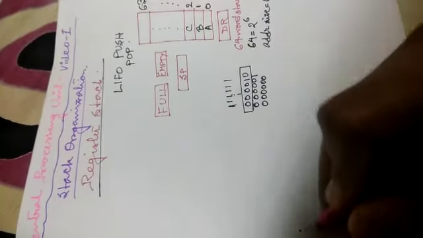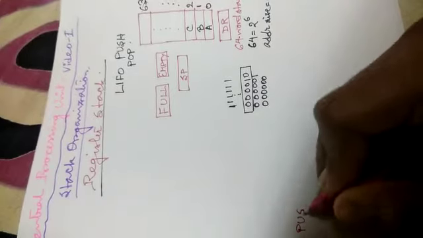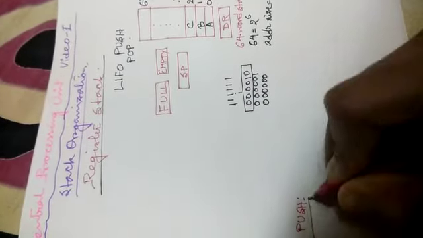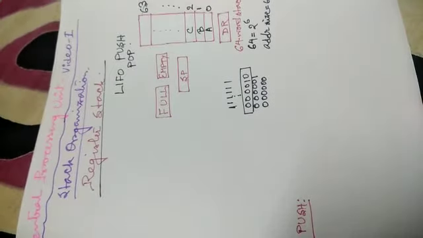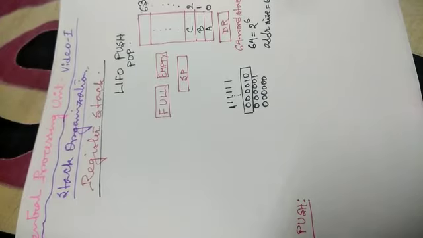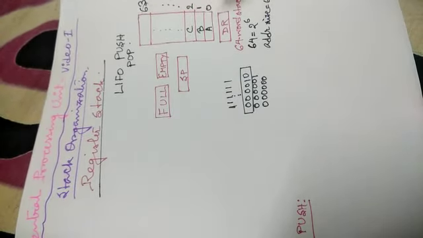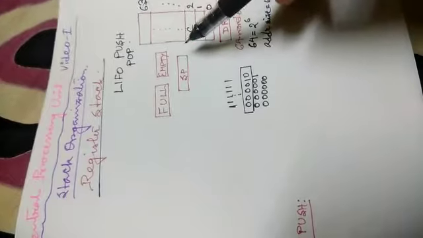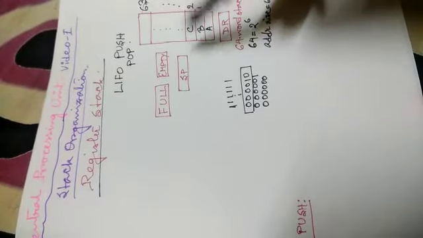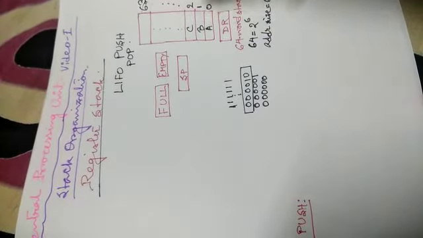Now if we want to push a new data item, what will be our first responsibility? See, the new data item is now waiting at the data register. It has to be pushed at the top of the stack, right? But we know that stack pointer holds the address of the top of the stack, right?